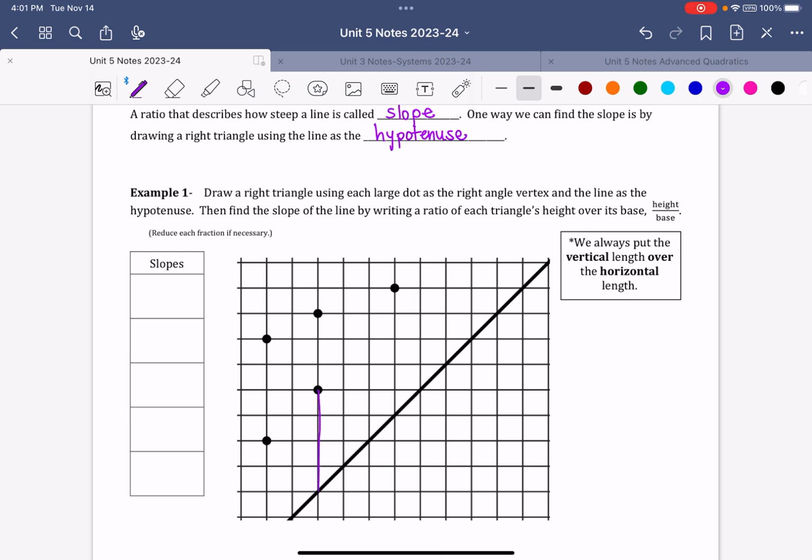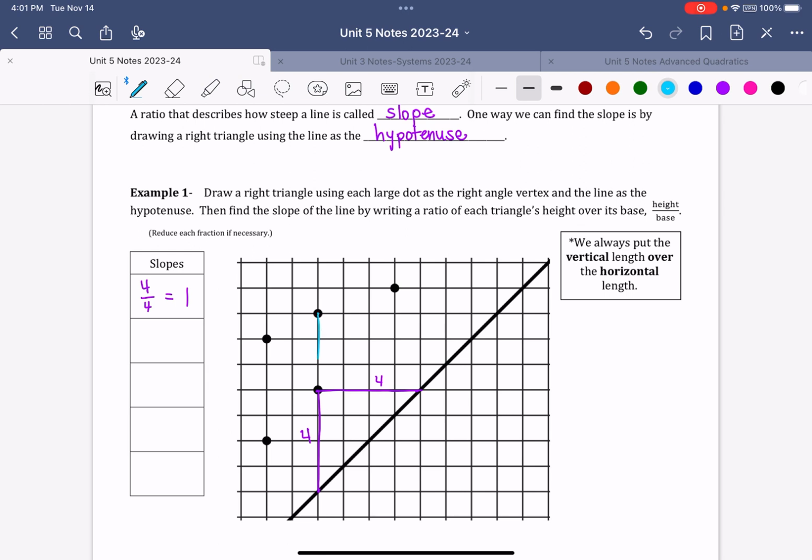From that big dot down to my line, over to my line, I'm going to count how tall it is, 1, 2, 3, 4, and how long it is, 1, 2, 3, 4. So my purple triangle has a vertical length of 4, a horizontal length of 4, and that simplifies to 1.